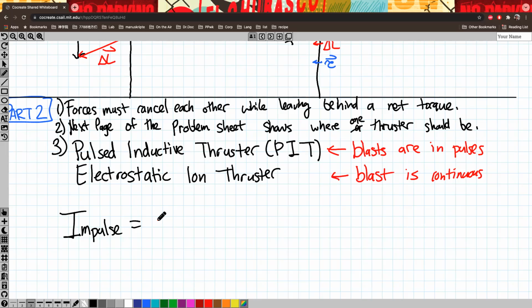Isn't it force times the displacement? Or is it force times delta t? Yeah. Well, impulse is equal to the integral of F dt, which is equal to the change in momentum by the impulse-momentum theorem.